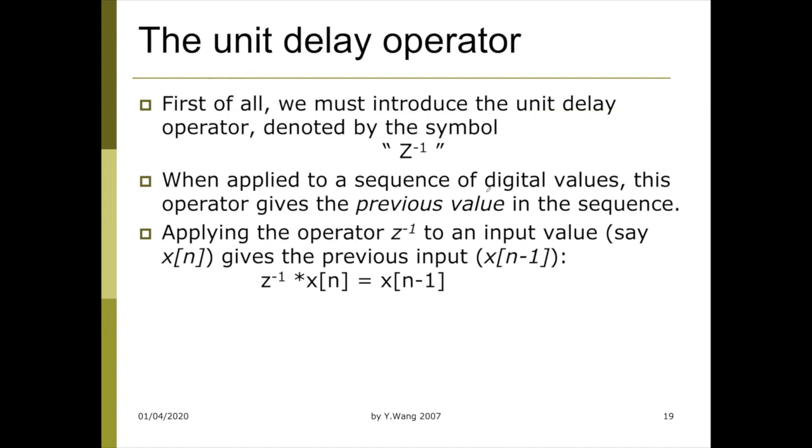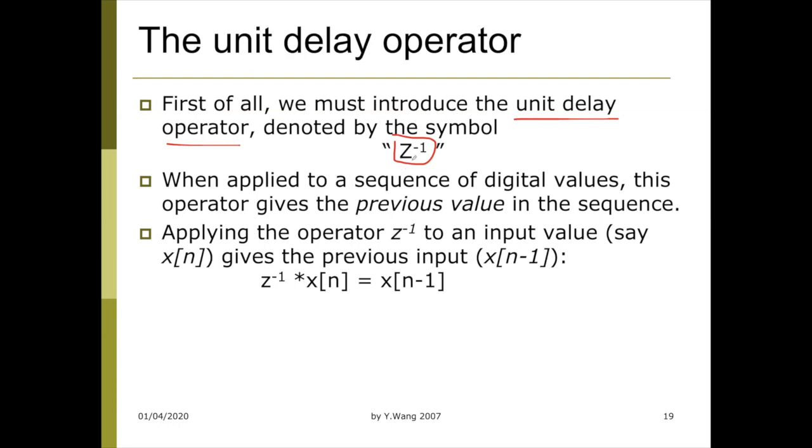The process is fairly simple. First of all, we introduce what we call a unit delay operator. The unit delay operator is denoted by the symbol z power minus 1. Z power minus 1 is the unit delay operator.